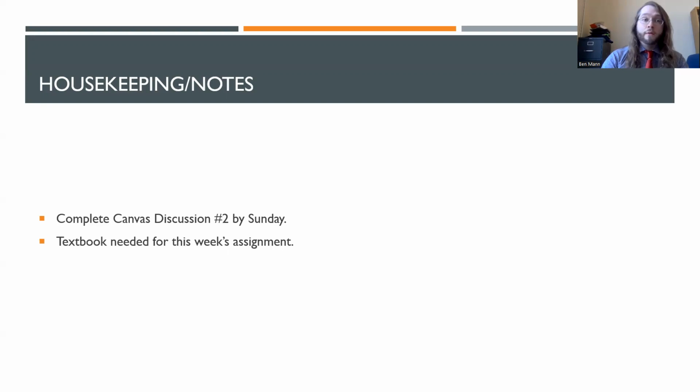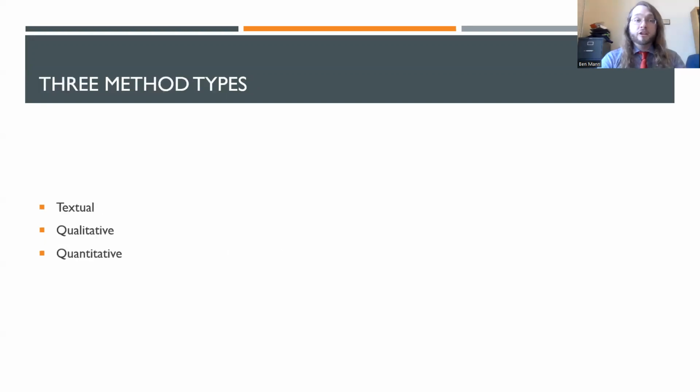So with that being said, let's talk a little bit more about how we go about doing methods. You recall from last week, we talked about methods as essentially the ways that we answer our questions in communication. If we have a question, for example, how is persuasion used to convince the American public on topics like immigration, right?